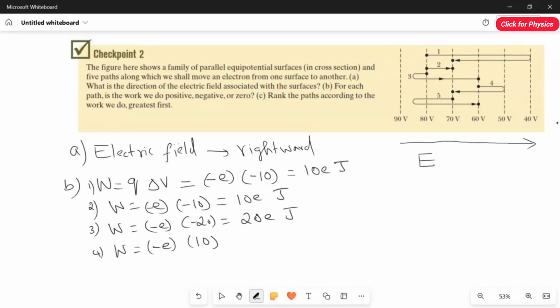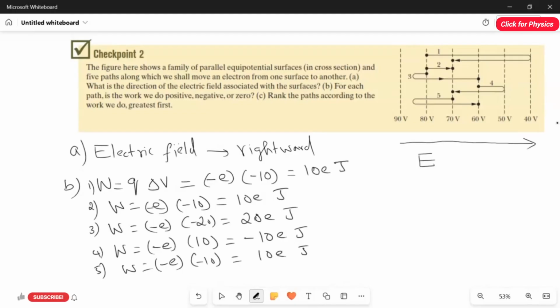So we got the answer as minus 10 E joules. For the fifth path, we again have minus E charge, an electron, moving from 70 to 60. So 60 minus 70 is minus 10, and minus times minus becomes plus, so 10 E joules. Here J refers to the unit of the work, so don't get confused.